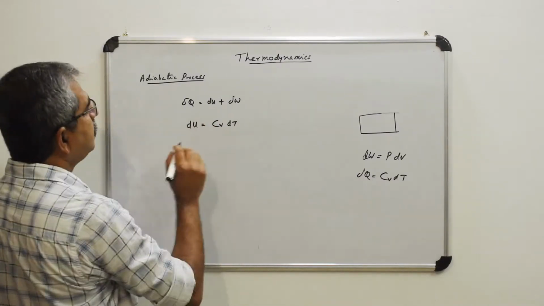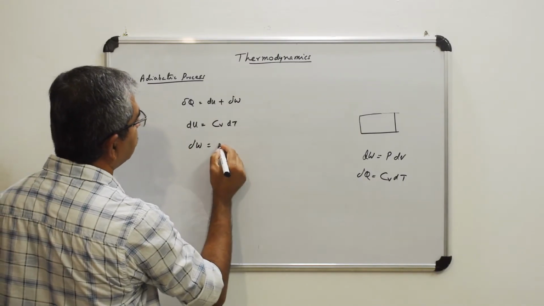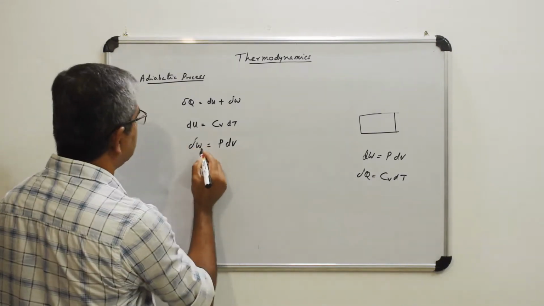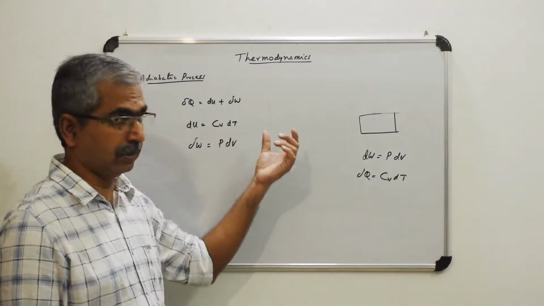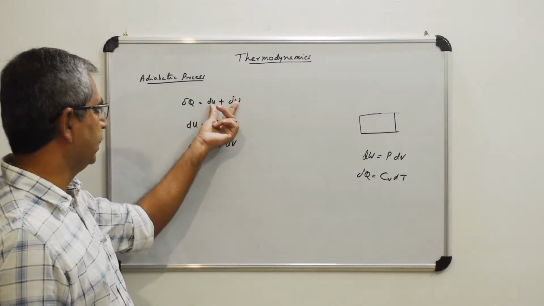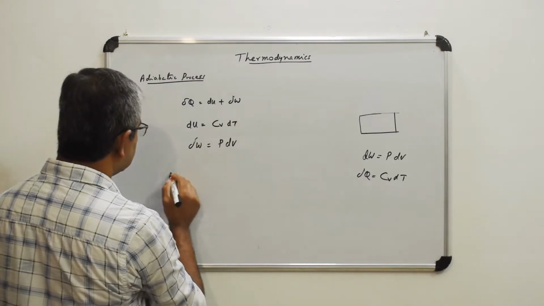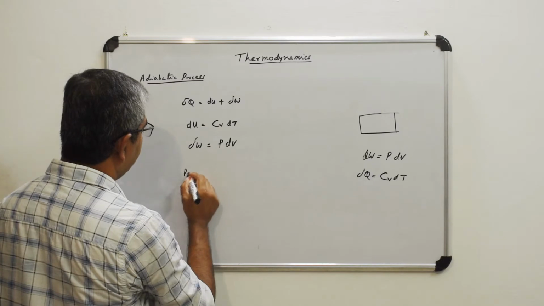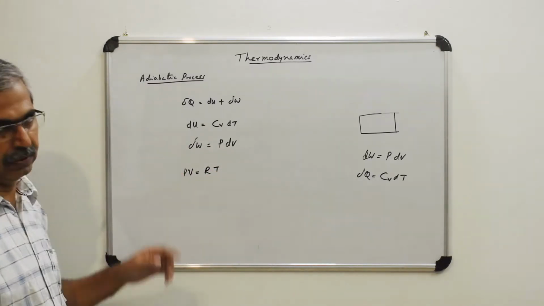Now, what about dW or delta W equal to P into dV? Delta W is equal to P into dV. That is the work done if the system can expand. So these are the two quantities here. Now this dT. We have the ideal gas equation, that is PV is equal to RT.